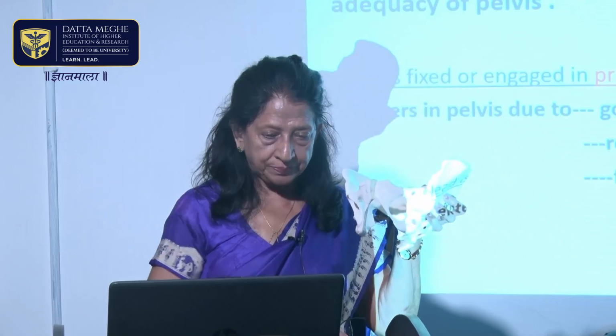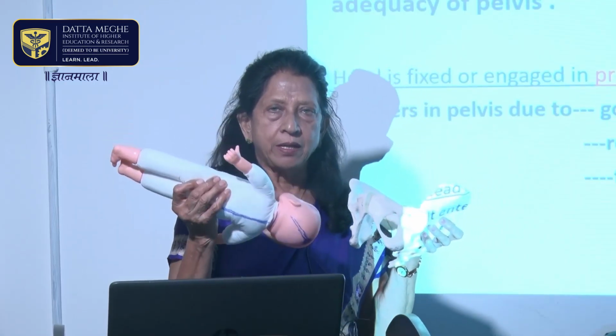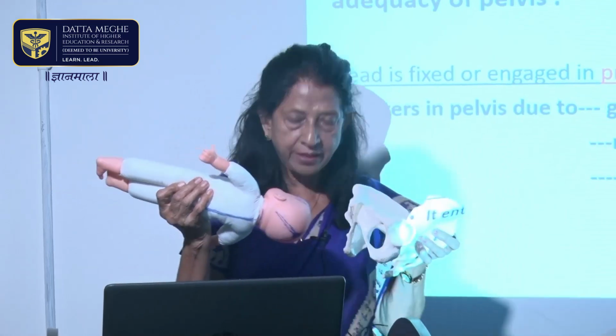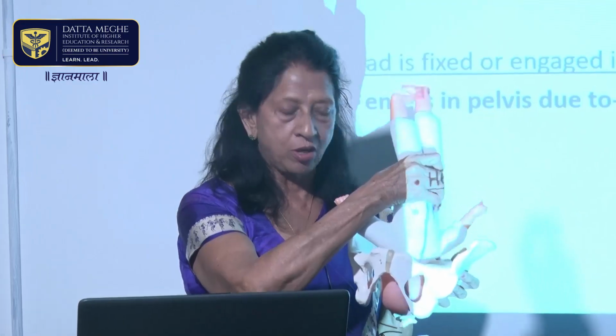It is an abdominal method to assess the inlet contraction, or contraction at the level of the pelvic brim. At this level it is assessed. In these cases, we know that the head is the best pelvimeter, and at the end we need to decide whether this head enters the pelvic cavity or not.